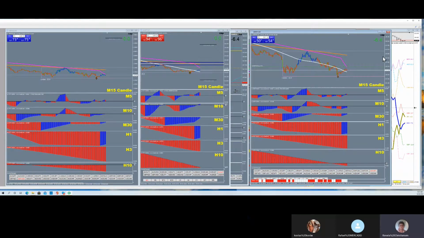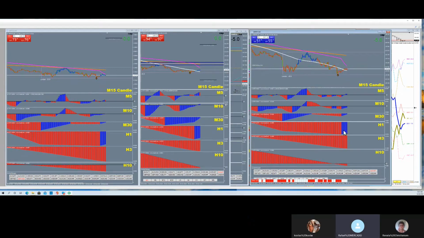So it would be better to stay away, actually, because it's not a high probability, at least until this turns. The 1 hour gives more definite momentum because it changed here, but it just changed. So you're taking a risk of it not going.